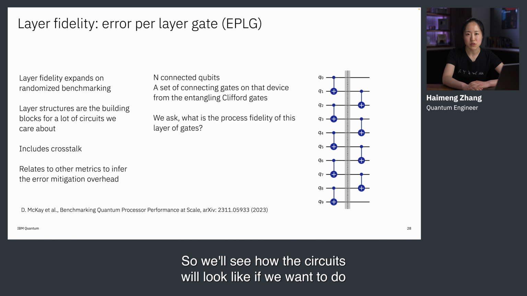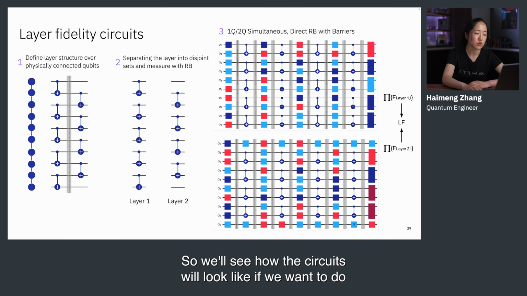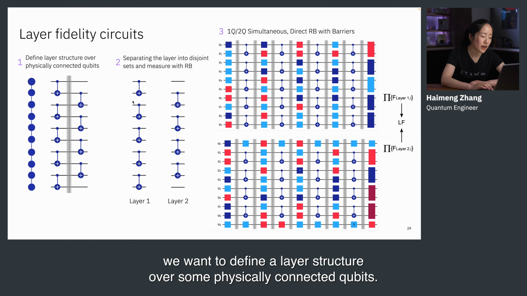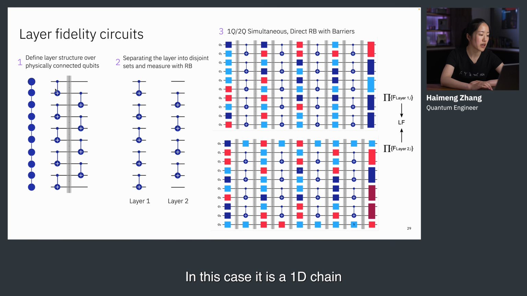So we'll see what the circuits look like if we want to measure layer fidelity. First, we want to define a layer structure over some physically connected qubits. In this case, it is a 1D chain of 10 qubits.